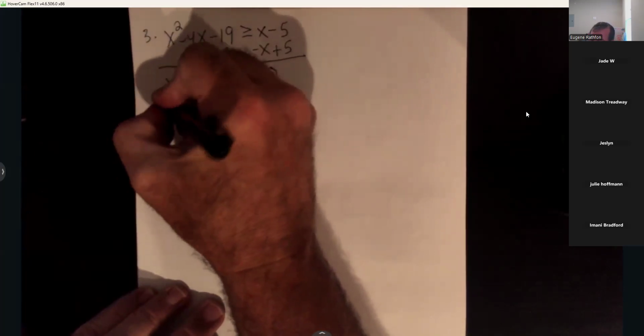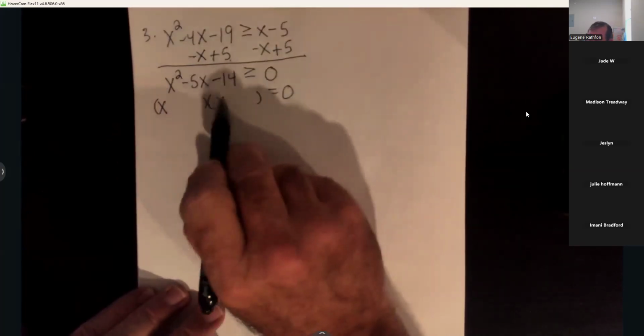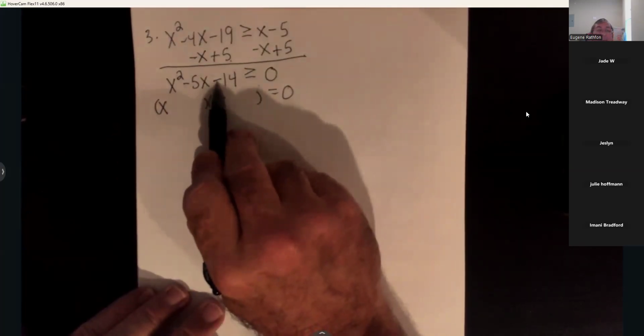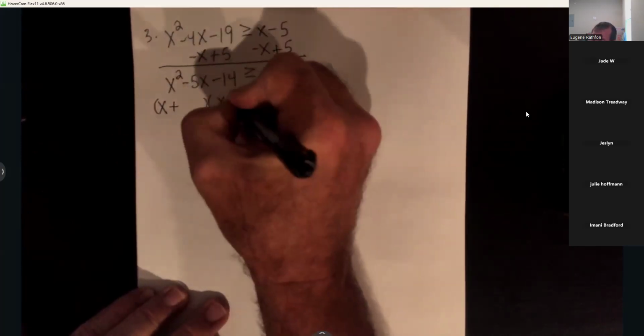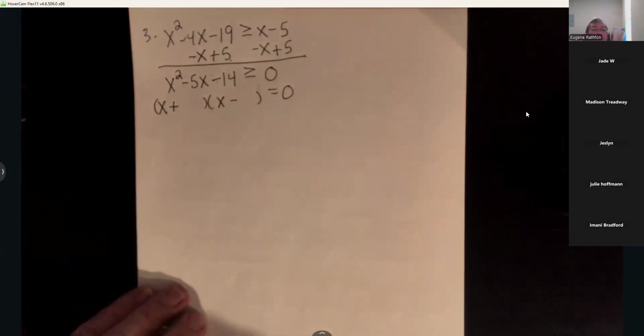All right, y'all, x squared is x and an x. The last number is negative. Since the last number is negative, you got unlike signs right here. So what do we need? We need factors of 14, y'all, that'll subtract and give me a 5.